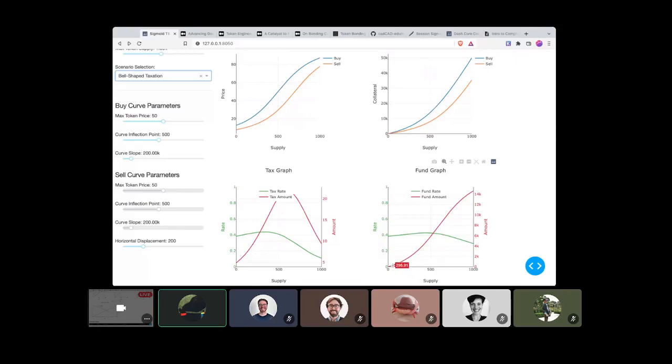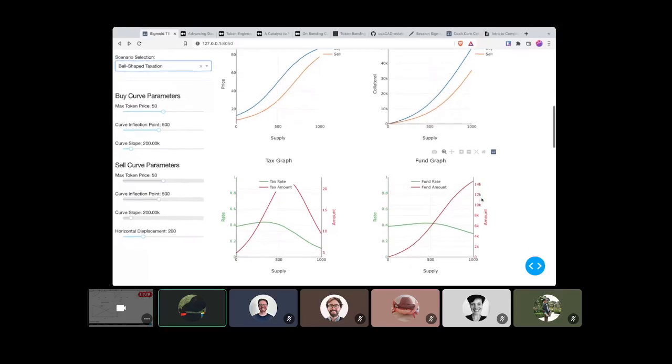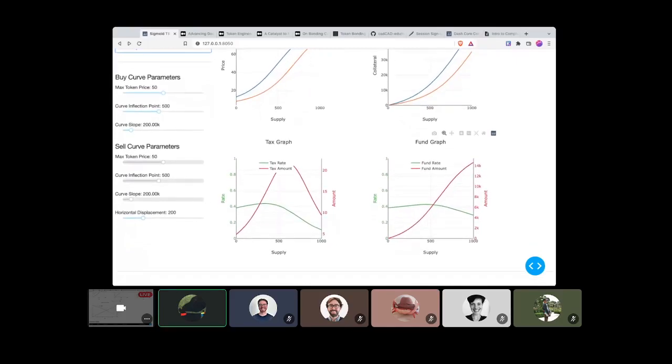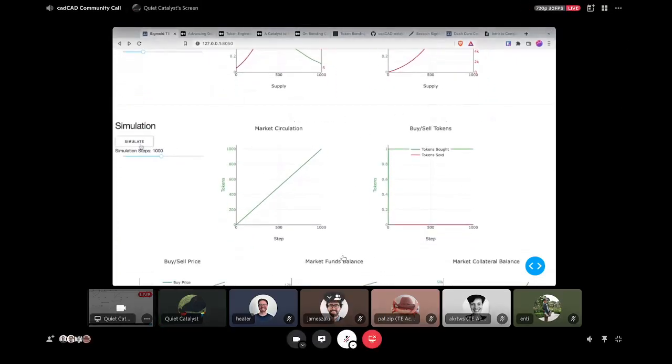I think it's not quite as shallow as it was before. You get this acceleration, so it's almost sigmoidal itself in the funding, where it accelerates and then starts to level off as we reach maximum supply there. We can simulate that.